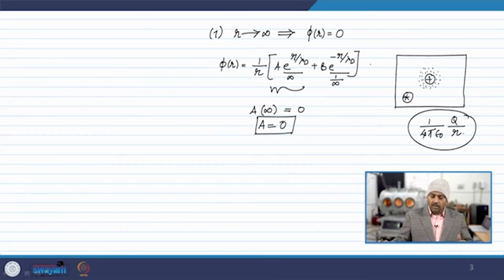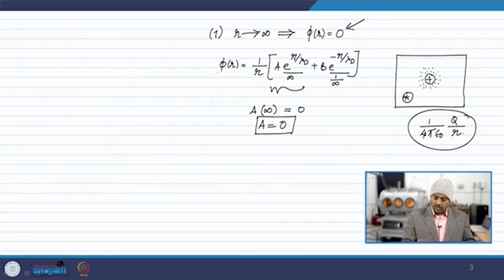So, the accepted method that we follow is to see what will happen to this solution at the ends of the system. When r tends to very large values, you would naturally want the potential to vanish. That is why you take phi of r to be 0.